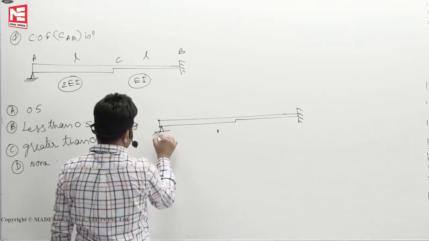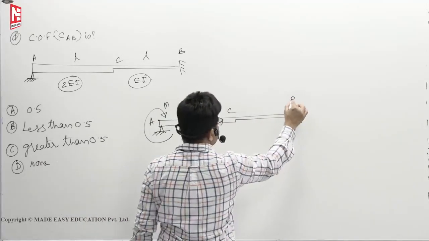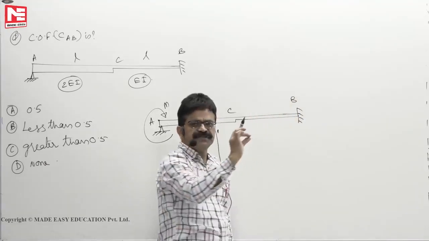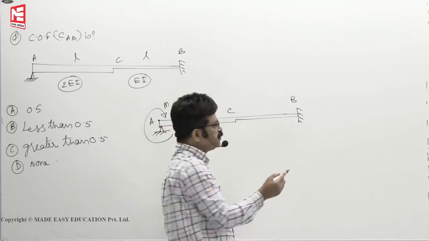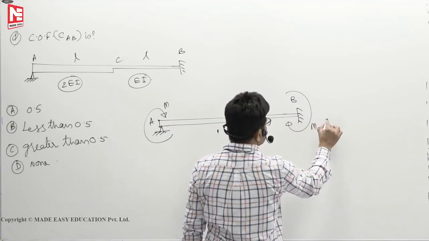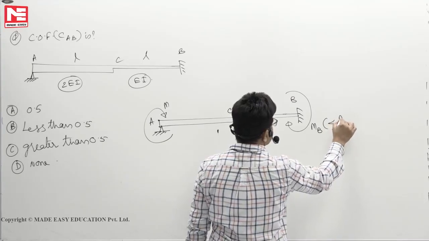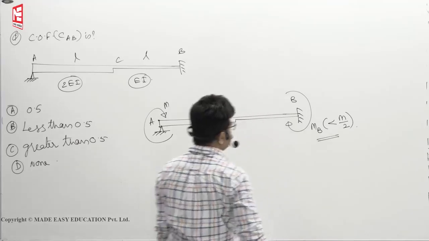this is the one. You apply M. This point say A, C, B. Because this I value is very less, to fix it also the effort required is very less. You don't have to apply more effort. So MB value now is less than M by 2, COM.